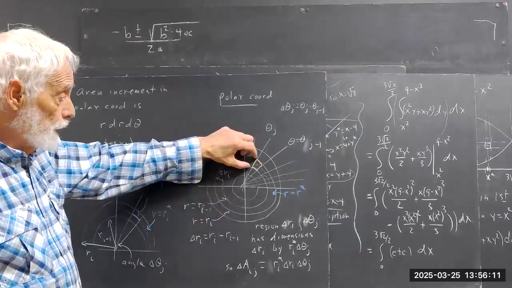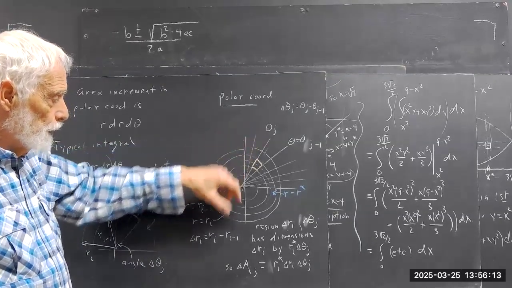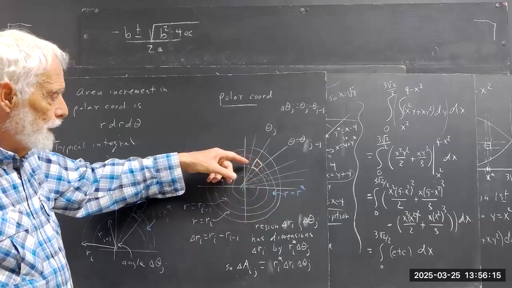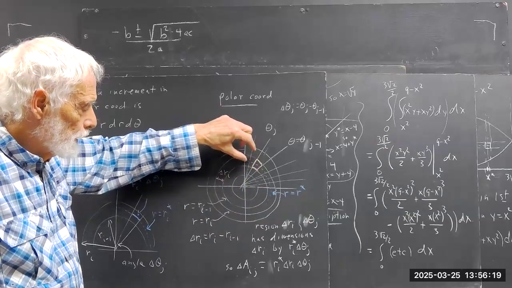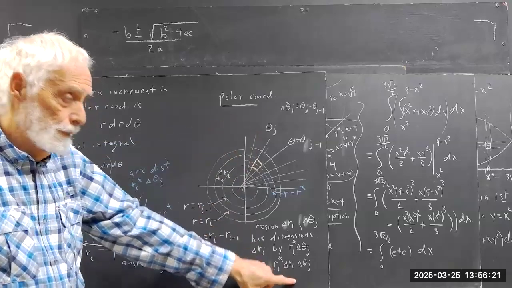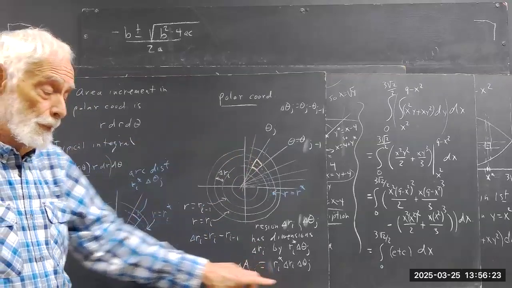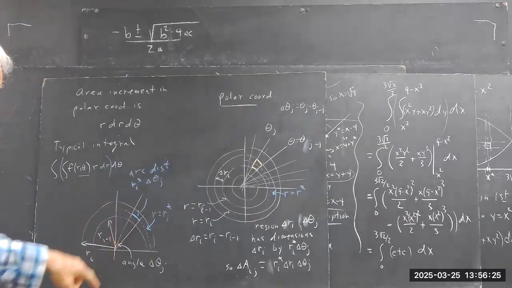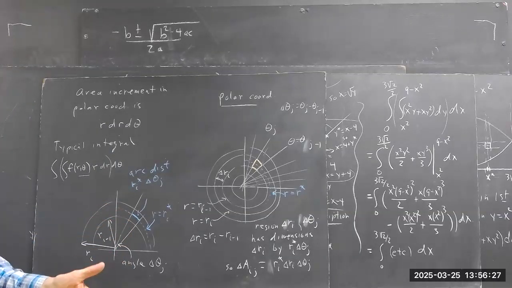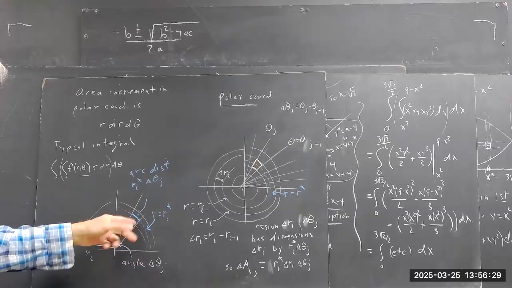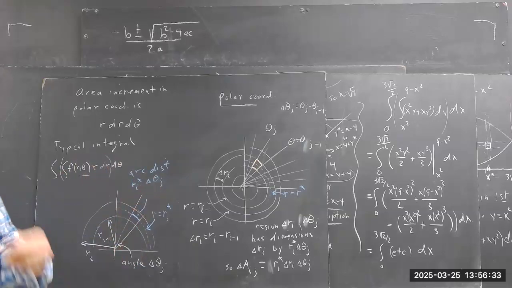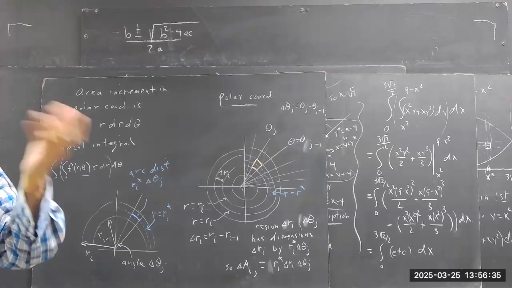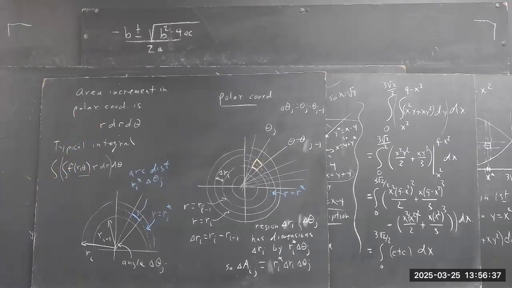It has dimensions of delta R. And if it's a small enough region, then it's going to have an area very much like that of a rectangle described here. We want to understand this. That's just the definition of a radian. Arc distance is equal to the angle in radians times the radius of the arc. And that's the definition of a radian, which you want to keep in mind.